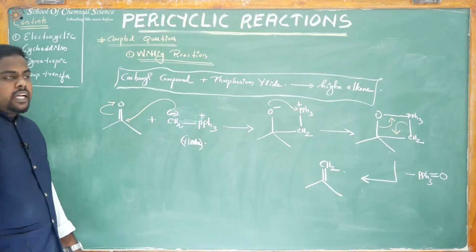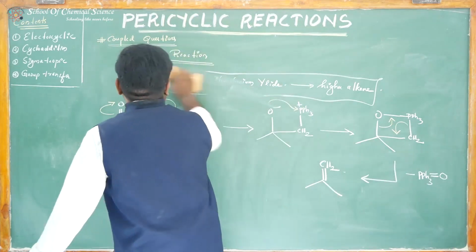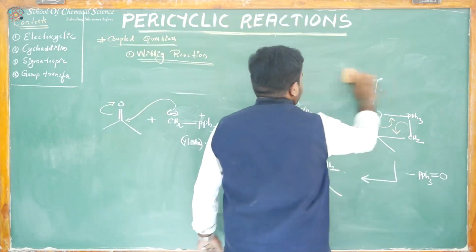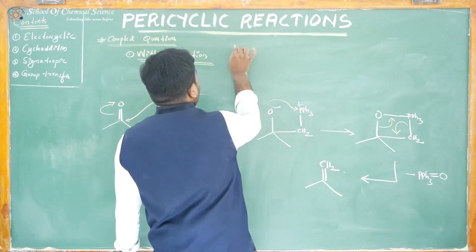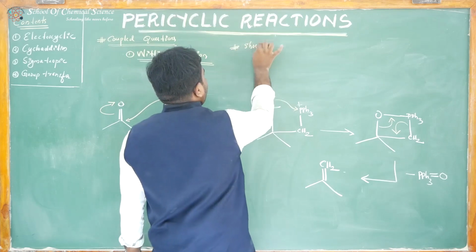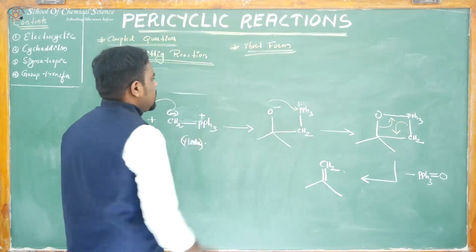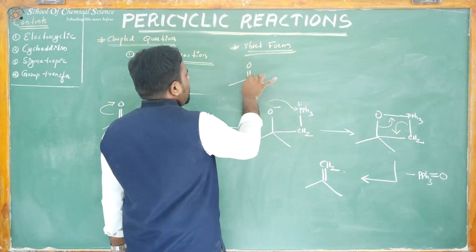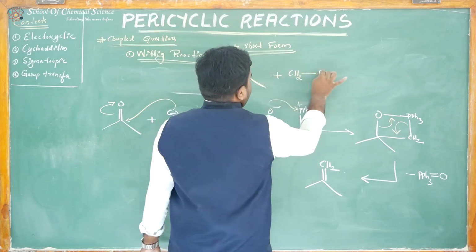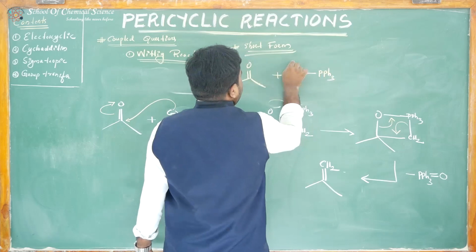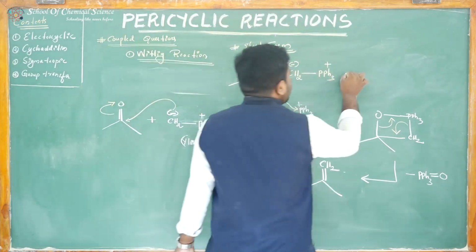But in your exam, there is a short form by which you can easily write the product. For example, a carbonyl compound is given plus an ylide, CH2 minus PPh3 plus, same reactant. How can you easily write the product?